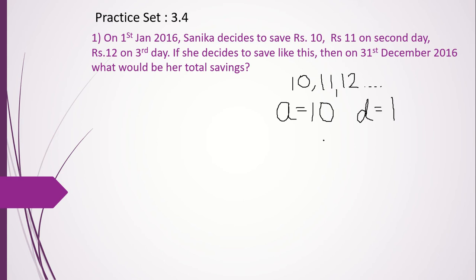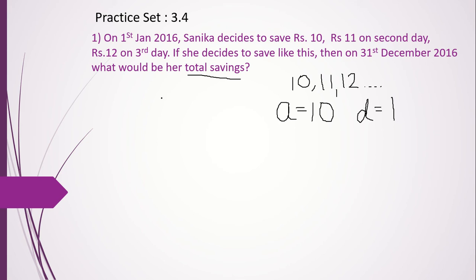Now total savings for how many days we have to find? From 1st Jan 2016 to 31st December 2016. So for one full year. Normally in a year we have 365 days, but since 2016 was a leap year, now this is little catchier.